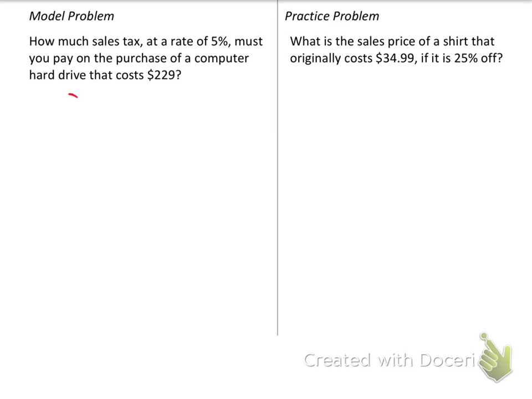We know that we're looking for sales tax, and we know that sales tax is a percent. Well, percent is always out of 100, right? 5% is always out of 100, on a computer that costs $229.